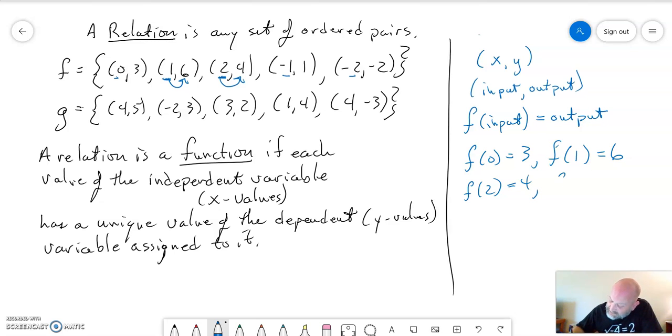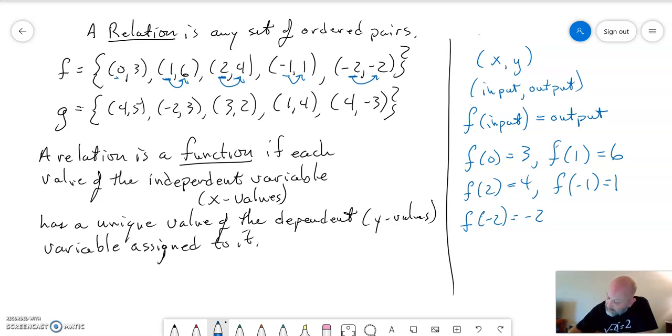And so you can see this is really just a mapping of where things go. f of -1 will give me 1. And f of -2 will give me -2. And you notice there's no confusion about what's coming out of any one of these. All I have to do is look, and I can see what the output value is.